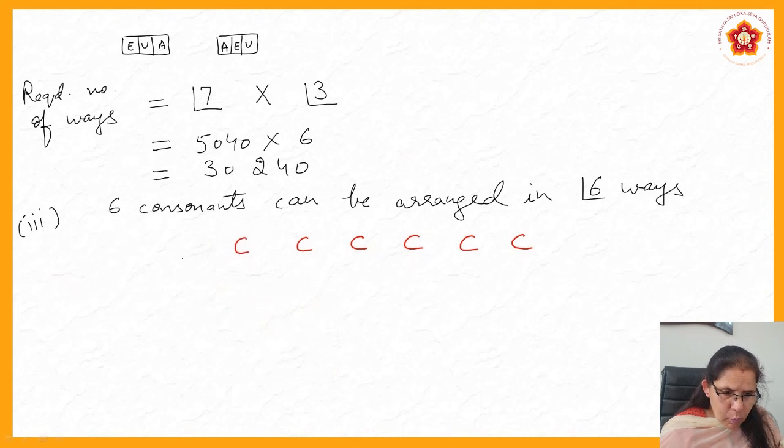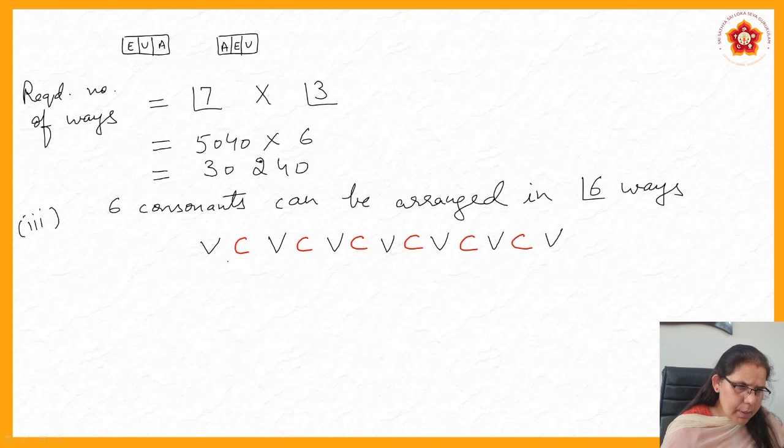Let's see which places the vowels can take. A vowel can come here, it can come here, it can come here, and in this way I can put it anywhere. Now let us see how many places are available for the vowels.